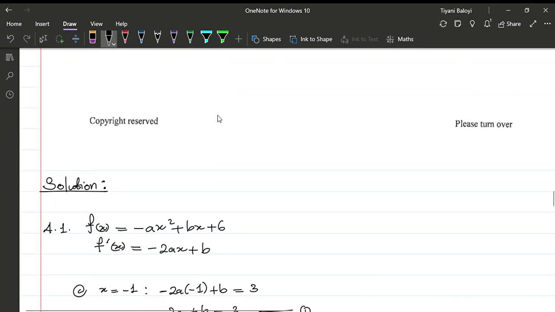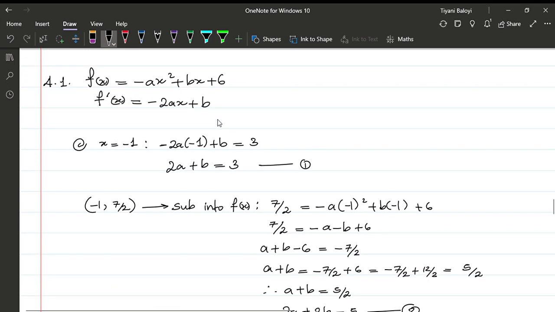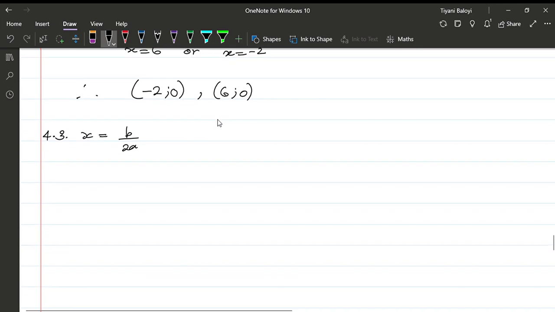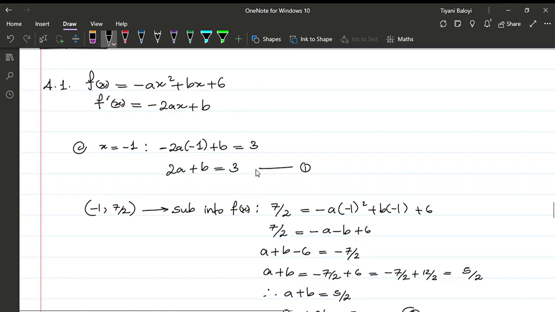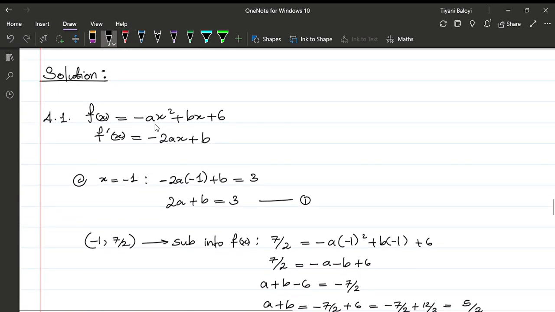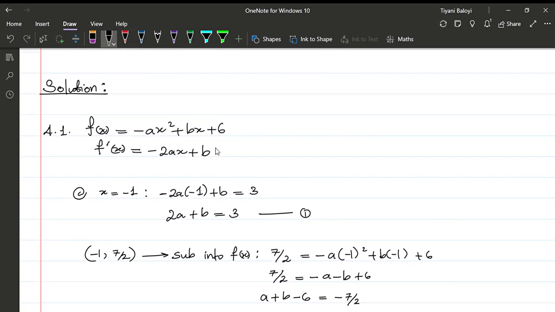Pardon me, let's just make sure to confirm that this is true. Yes, it is minus b, this is a case where we have a negative, but let's just use this one.